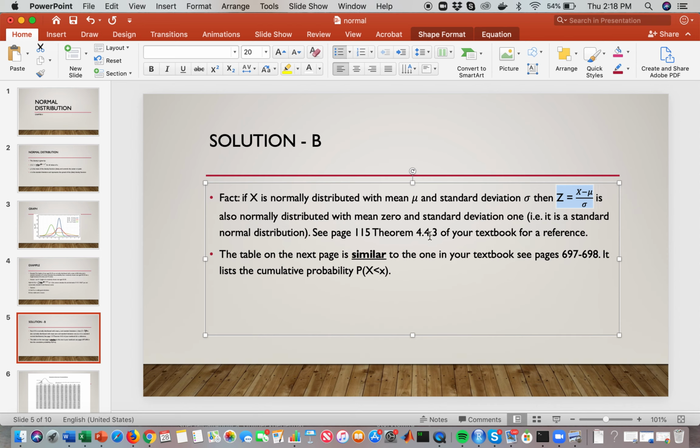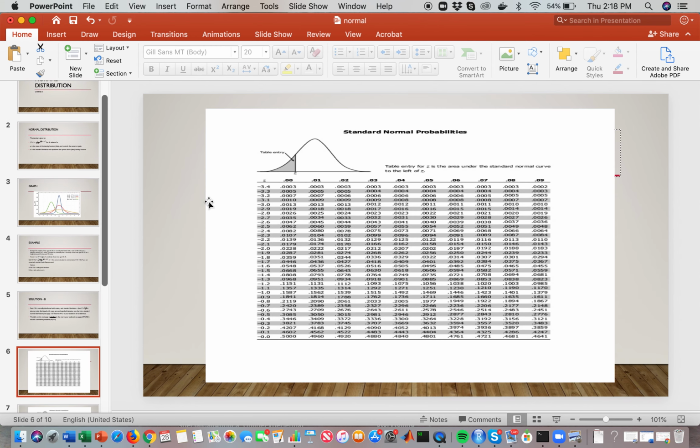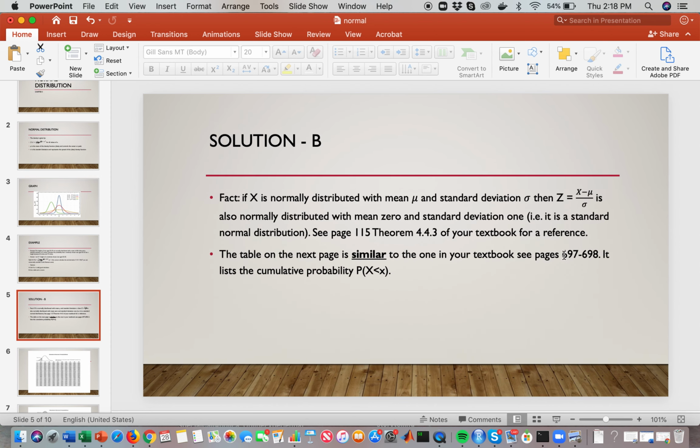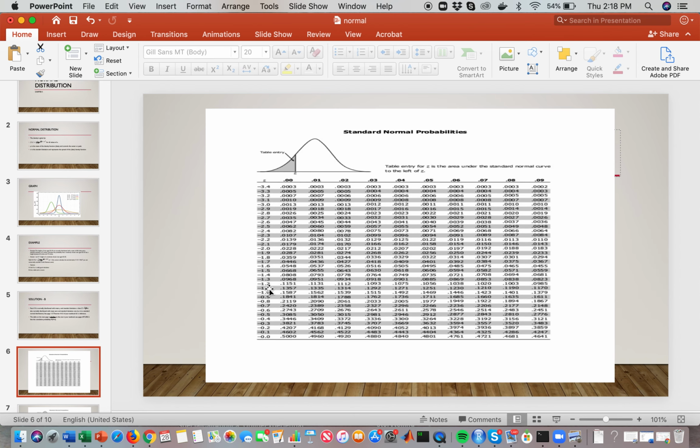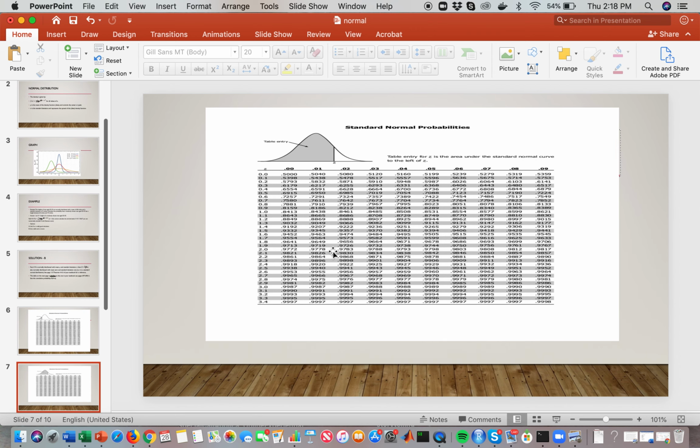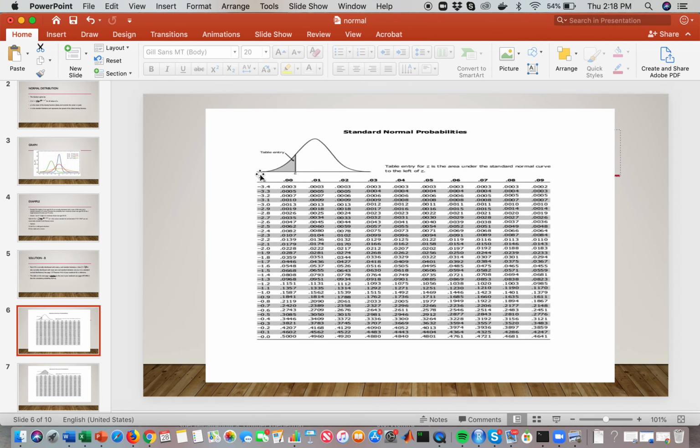Okay. So here's going to be a table that we use. This is the standard normal table. And there's one in your book, page 679 to 698. You get a slightly different table, but similar to the one that you're looking at right here. So this is for positive z-values, and this is for negative z-values.